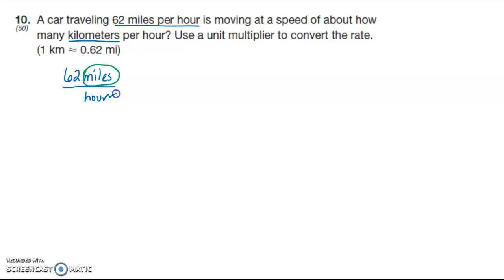The per hour is going to just stay the same. And here is 1 kilometer is equal to approximately 0.62 miles. So let's use our given times our unit multiplier, which is right here, is equal to our answer. We are given 62 miles, the per line hour.